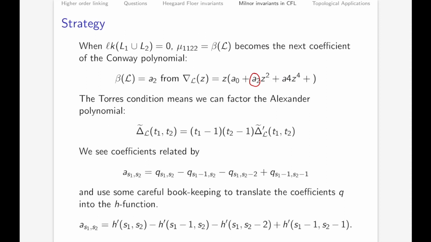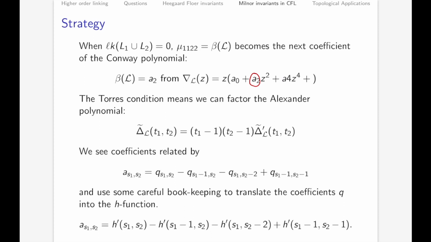Let's look at the multivariable Alexander polynomial now. If we're going to be factoring out a z squared from our normalized Conway polynomial, then we're going to be factoring out a t1 minus 1 and a t2 minus 1 from our normalized Alexander polynomial. And this follows from the Torres condition.